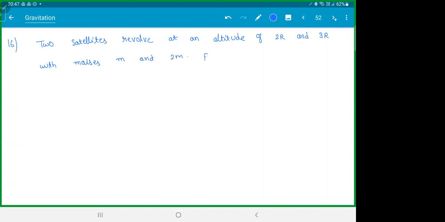Find the ratio of time period, velocity, total energy, angular momentum.